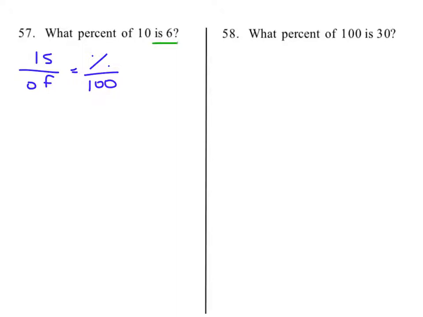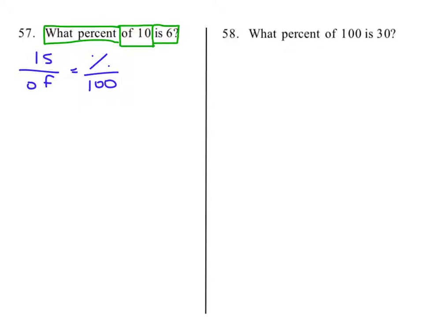So is, the only thing that 6 can go with is because 6 is at the end, so that's is. That means that 10 is going with of, and what percent? Percent is what we're looking for, so we're going to put a variable there.